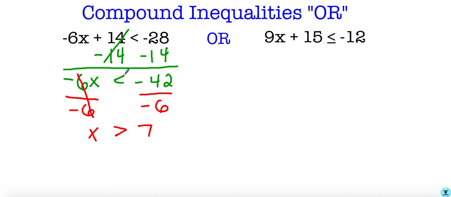And the reason why we flipped our inequality is because whenever we divide or multiply by a negative number, in order for our inequality to still be true, we need to flip our inequality. So here we have x is greater than 7. So let's isolate x here by subtracting 15 first on both sides.